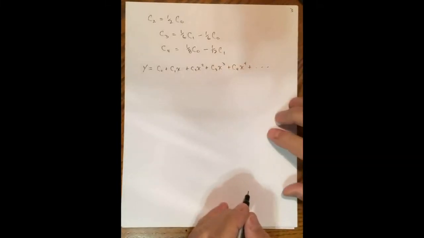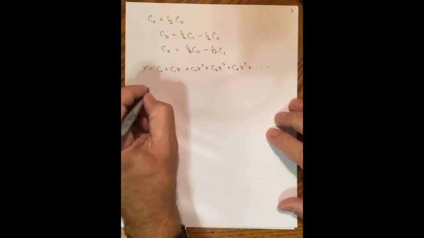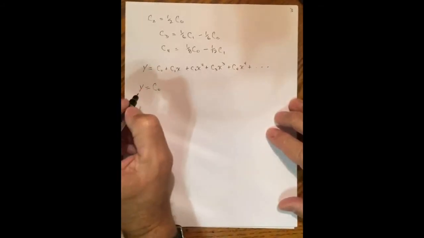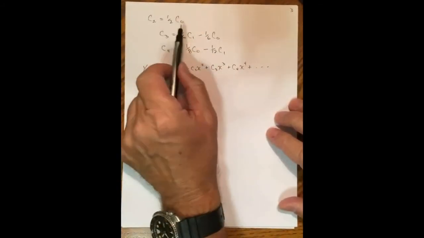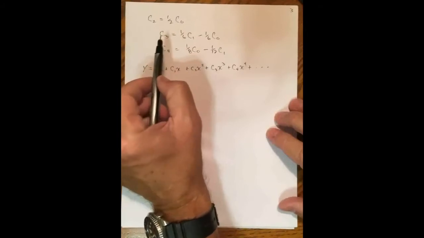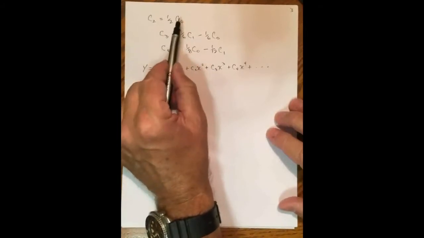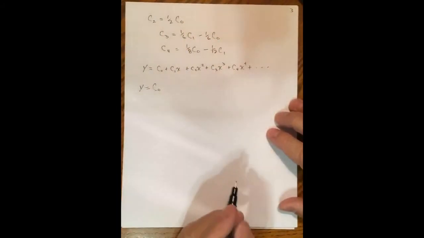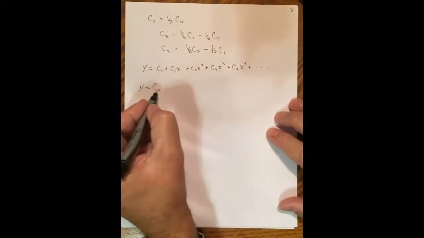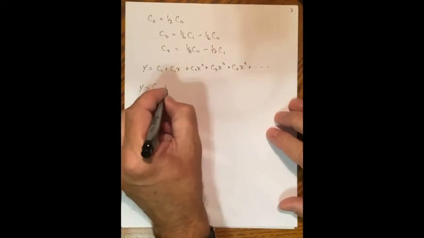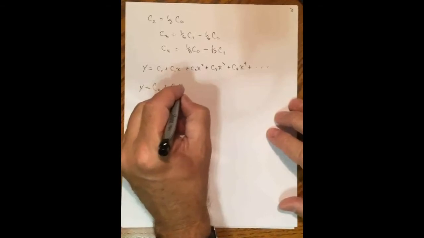Now, all I'm going to do is plug in what I know. I've got a c sub 0, and you see everything up here, c2, c3, c4, is written in terms of c sub 0s and c sub 1s. So I'm going to leave that c sub 0, and I'm going to leave this one c1 x.